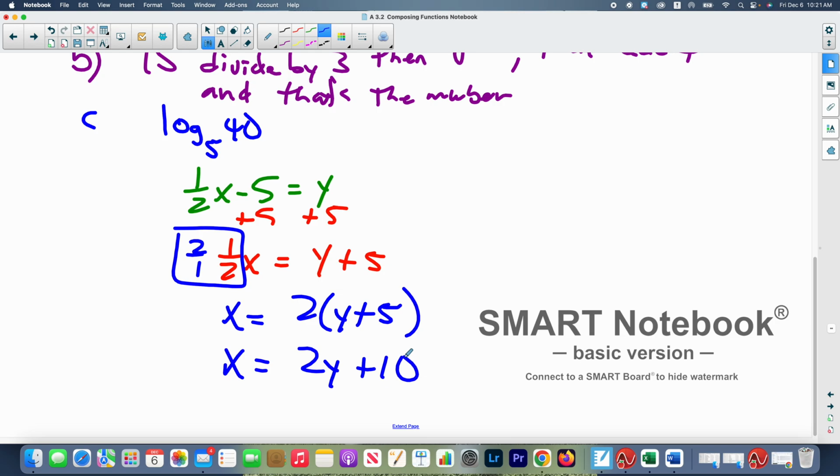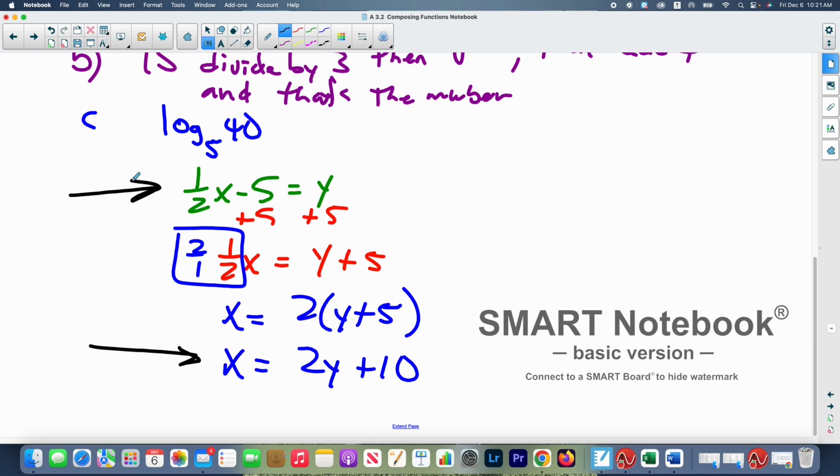Now, here's the thing. What would be the benefit of me writing it like this versus writing it like that? What would be the benefit of me writing it this way than writing it this way? You could find a specific x point. I could find x's a little bit easier, right? Normally what happens, I give you an x, you plug it in, you go find the y.